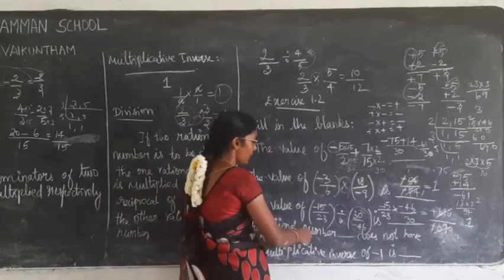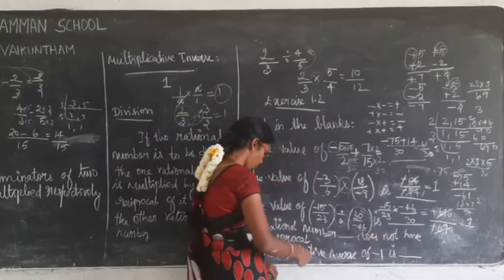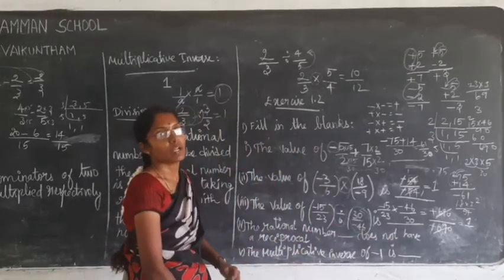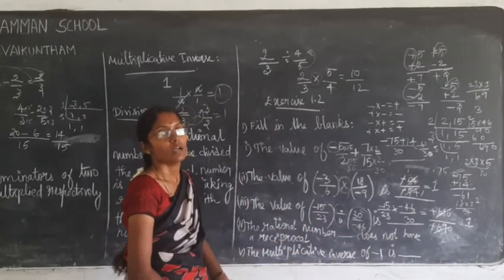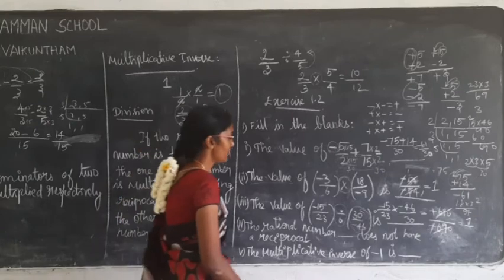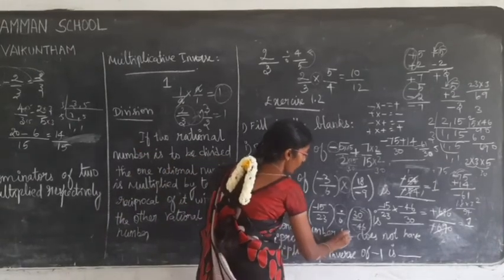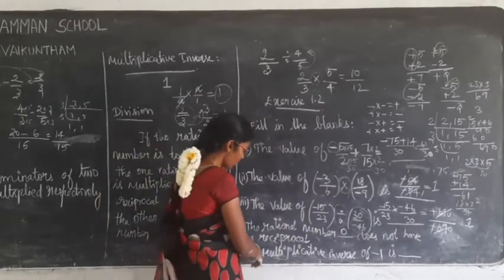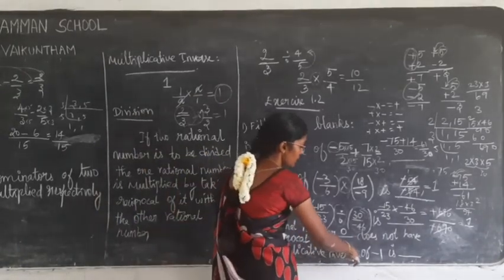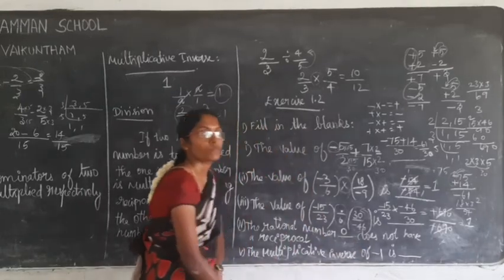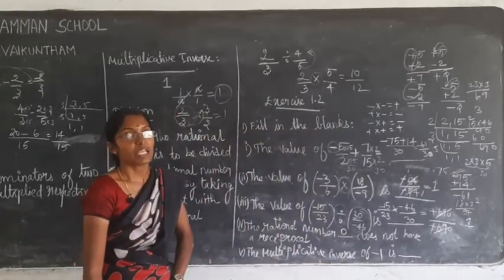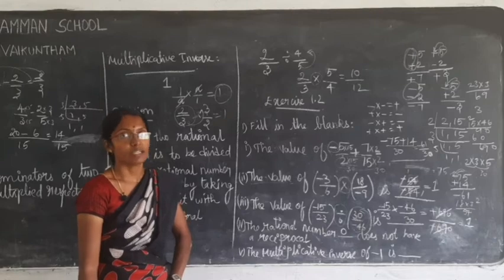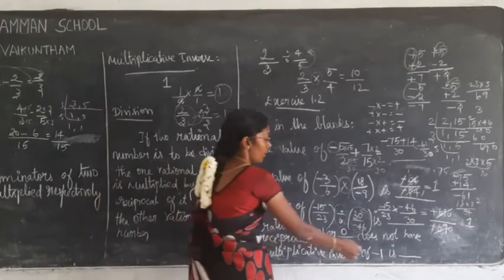So the next one. The rational number which doesn't have a reciprocal. Which rational number has no reciprocal? 0. Okay. So the next one, the multiplicative inverse of minus 1. What is it?